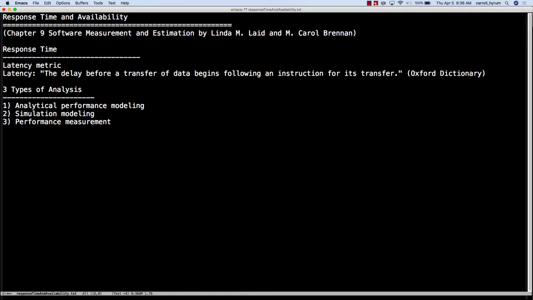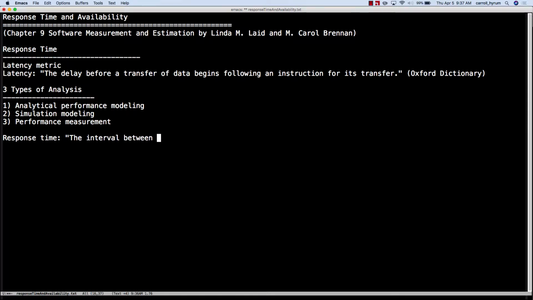So what then is the definition of response time? The time in which the result is generated. Let me put the book's definition up here.